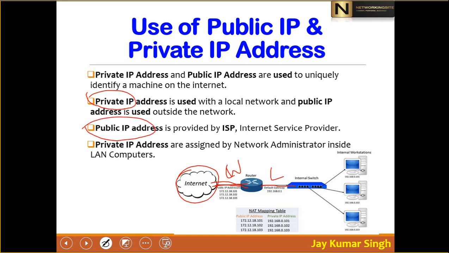Here you are using NAT. So whoever is coming from your private network, it will come here, and this router will convert private to public and they will reach the internet. When the reply comes back as public, this router will convert that public to private and it will reach the client.